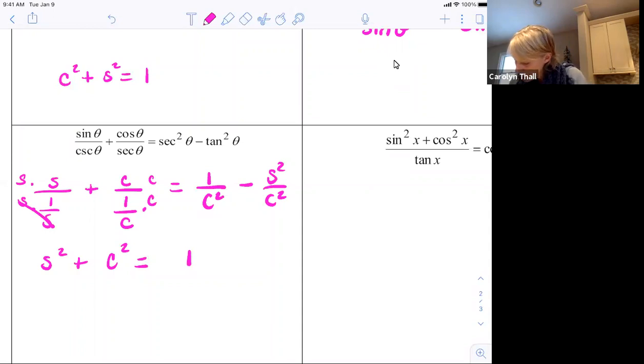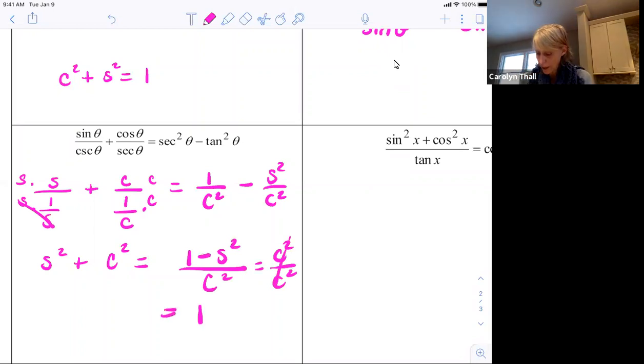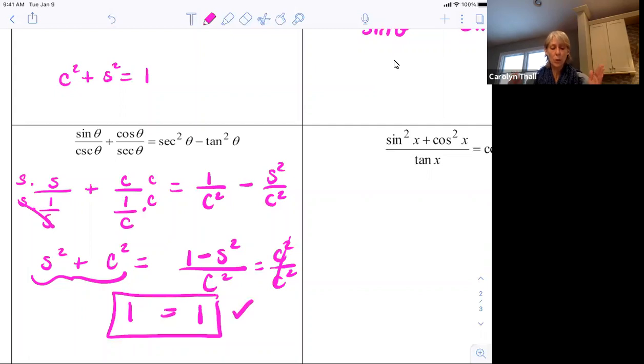Oh, so this is going to be 1 minus sine squared over cosine squared, which is just cosine squared over cosine squared, which is 1. And I know on the left side, sine squared plus cosine squared equals 1. So there's your identity. You made them equal to each other for all values of x. Homework.